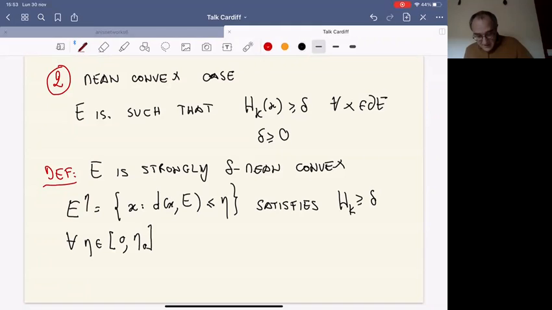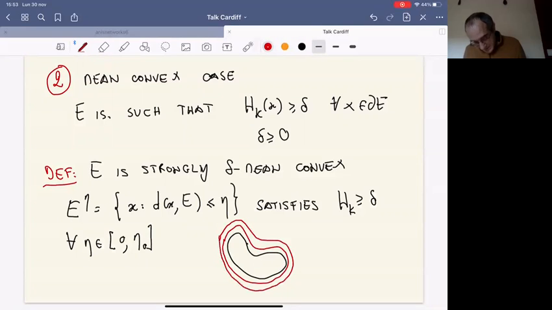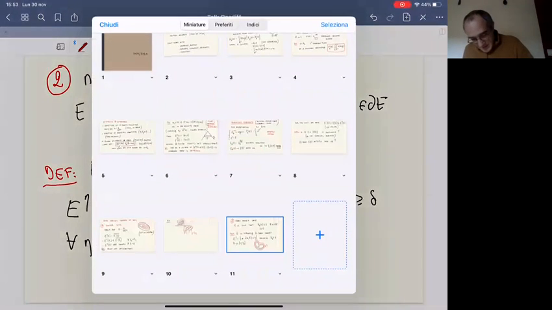Which means that if I have a set E, I can fibrate a little bit with the enlarged set E. This one is E eta. So this condition is a little stronger. It says that not only E satisfies that, but also the enlarged set.